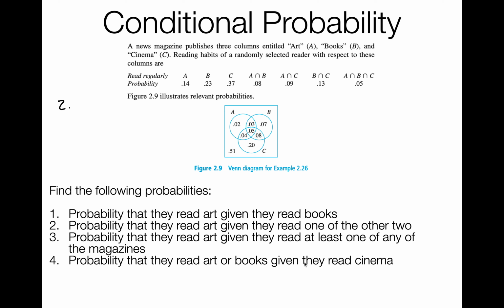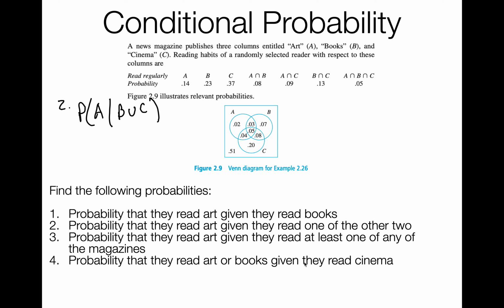We know it's the probability of A given what else? They read one of the other two. And so how I would interpret that, and how the book interprets that, is A given that they read B or that they read C. Okay?